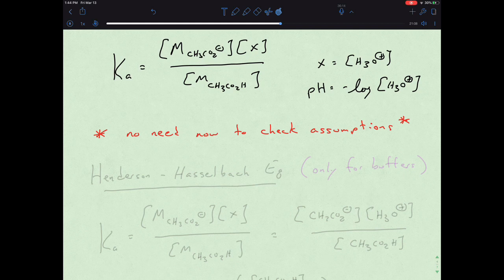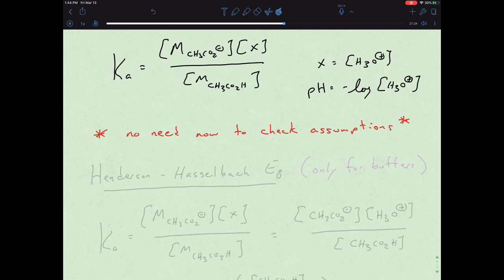And so this is always going to work out for us in terms of buffer type solutions. So we can just go forward with assumptions and not worry about checking them with regards to buffers. So that's how you can solve for the pH of a particular buffer, which would have an initial concentration of a parent acid and its conjugate base.